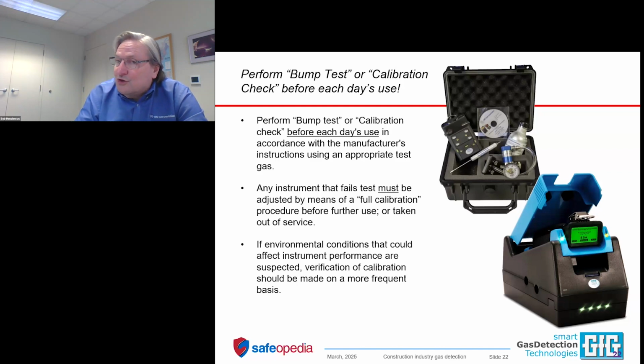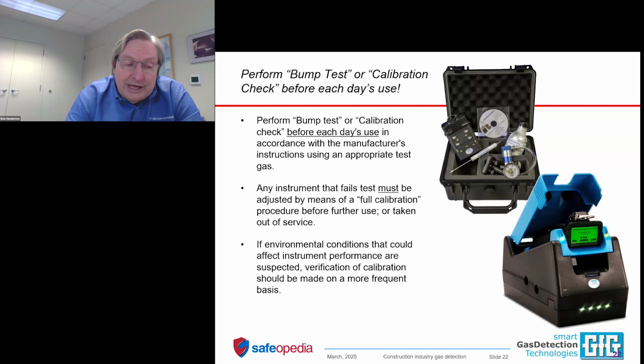In a calibration check, not only do you know that the alarms are properly activated, but you know that the accuracy of the readings conforms to the specification of the manufacturer. The third level, the ultimate level of establishing whether or not the instrument is fit for use on that particular day, is to do a full calibration.